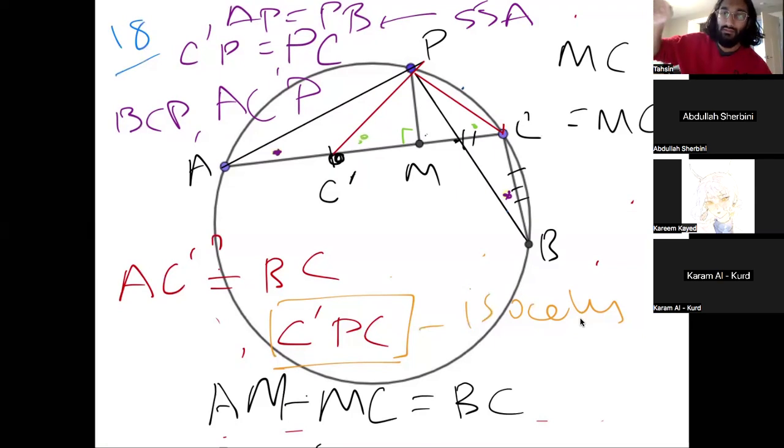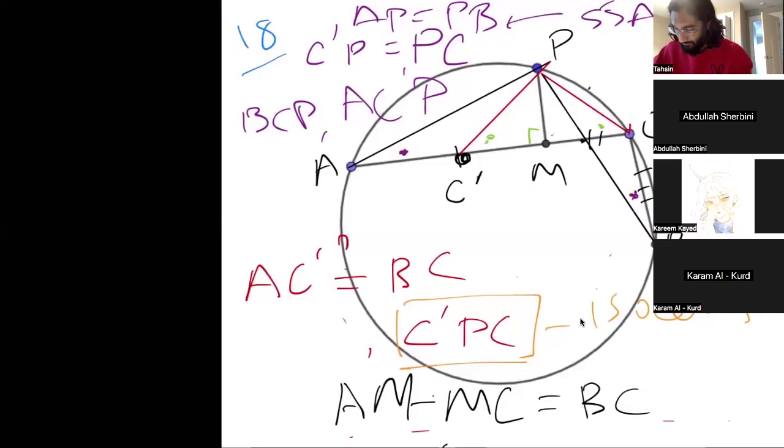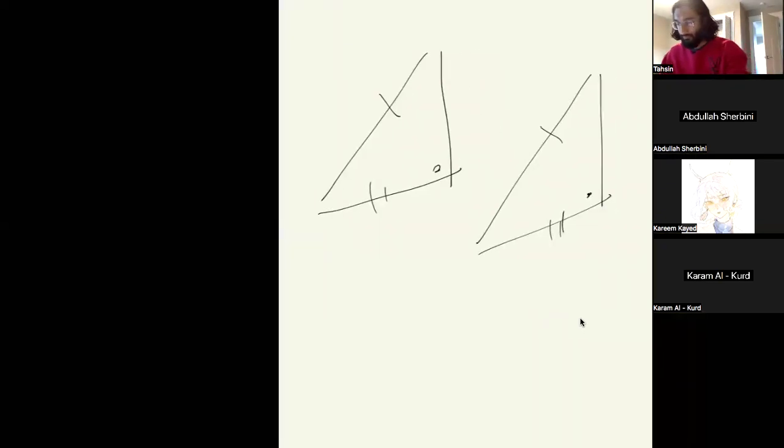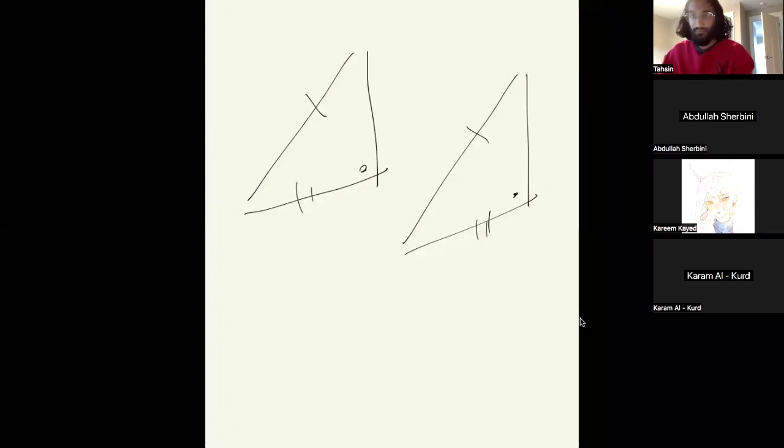So we have two sides equal and then we have an angle. So it's something like this.